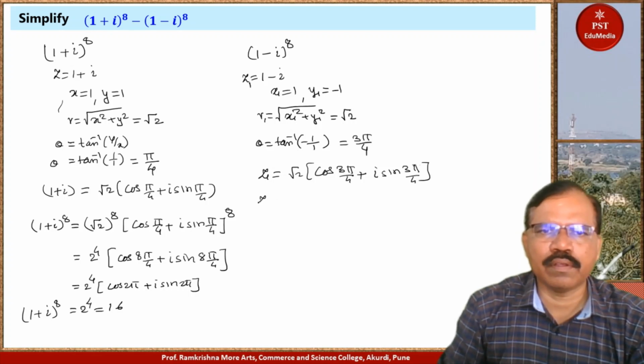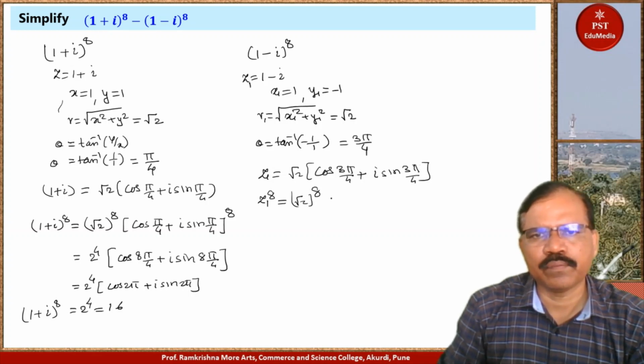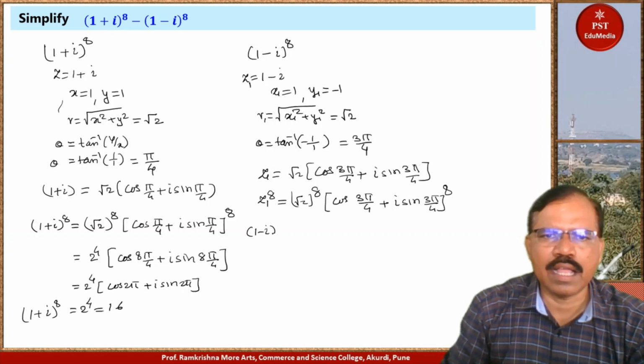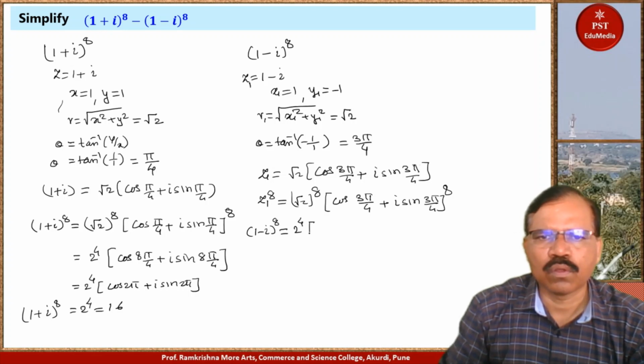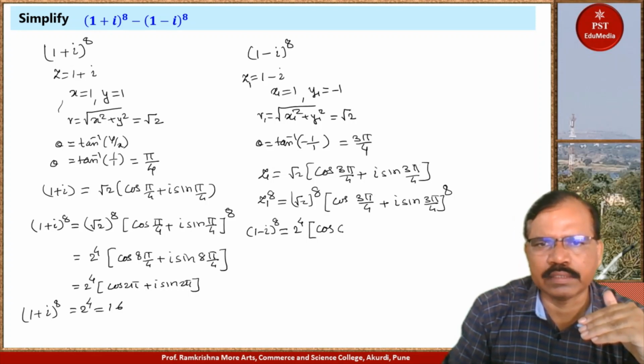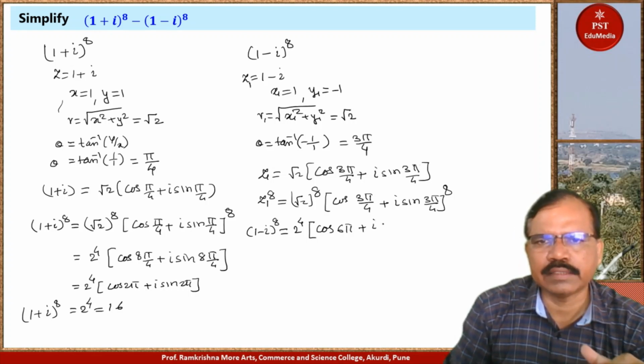And now take 8th power. So root 2 raised to 8 in bracket cos 3 pi by 4 plus i sin 3 pi by 4 raised to 8. So this 1 minus i raised to 8 is equal to 2 raised to 4. Now we will get cos 8 into 3 pi by 4, so we will get here 6 pi plus i sin 6 pi.